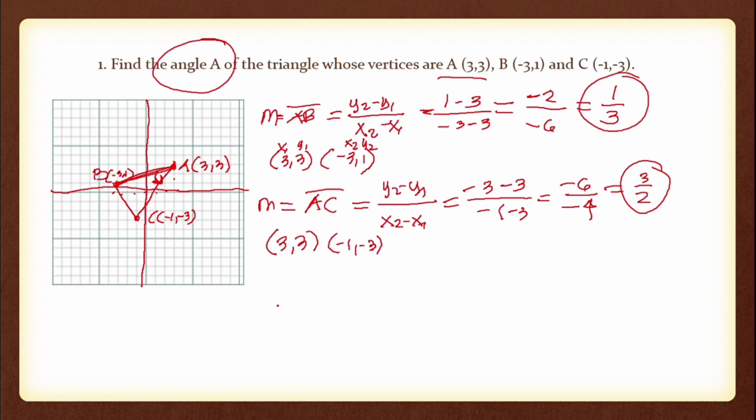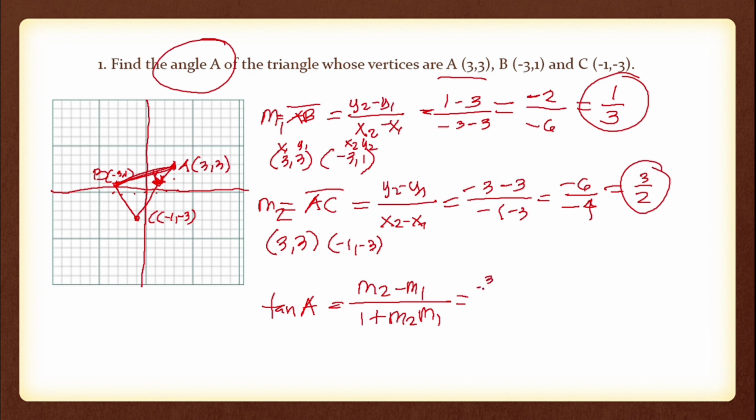To compute, tangent A is equal to slope 2 minus slope 1 over 1 plus slope 2 times slope 1. So we have to substitute: where is our slope 2? Our slope 2 is AC, and this is our slope 1 because this is the initial to terminal.